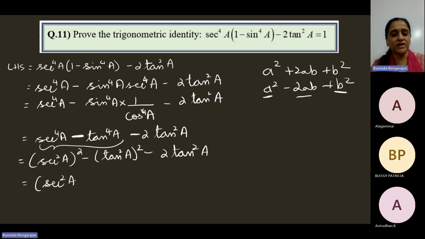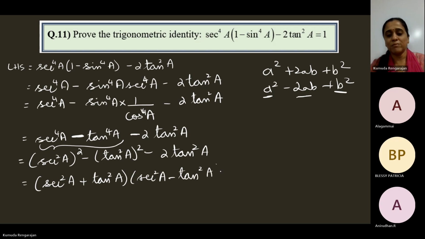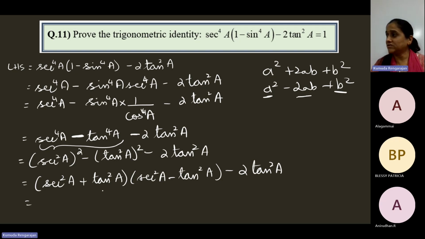So secant square A plus tan square A into secant square A minus tan square A minus 2 tan square A. Now secant square A plus tan square A is? Secant square A minus tan square A is 1.